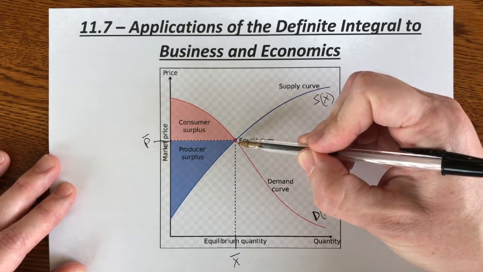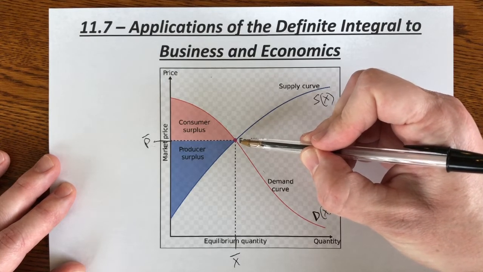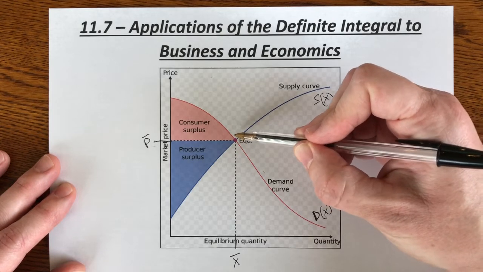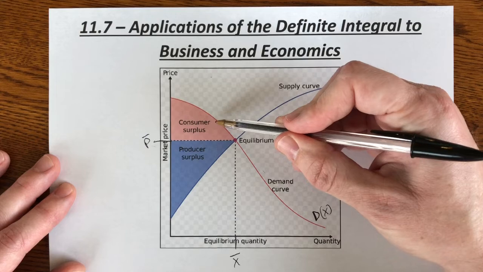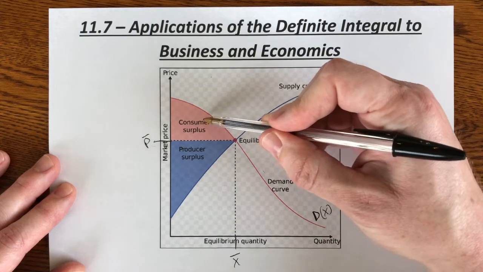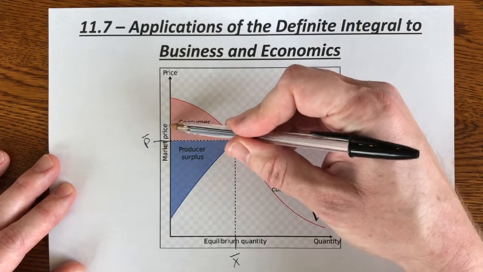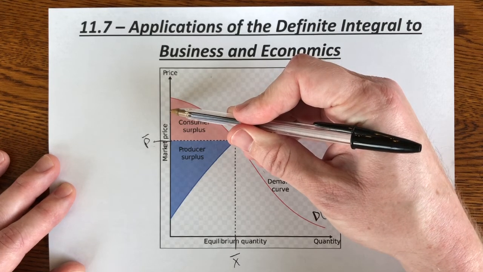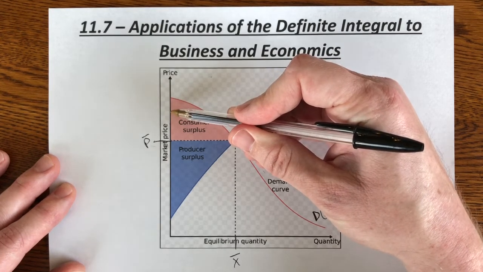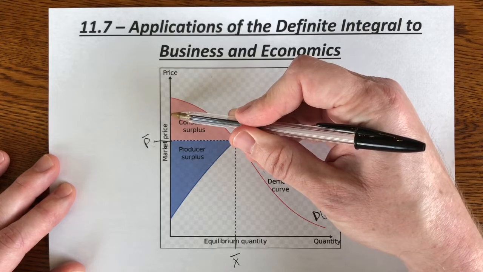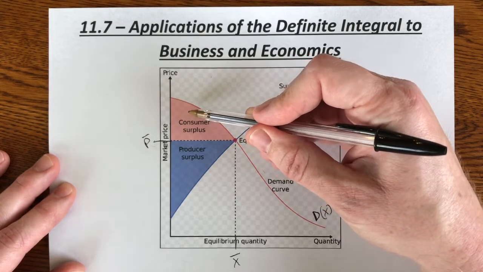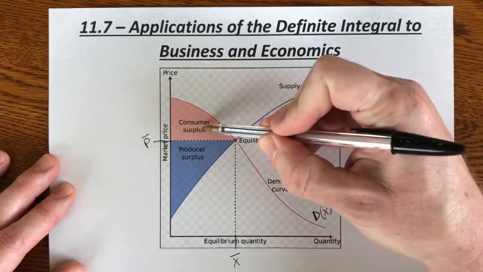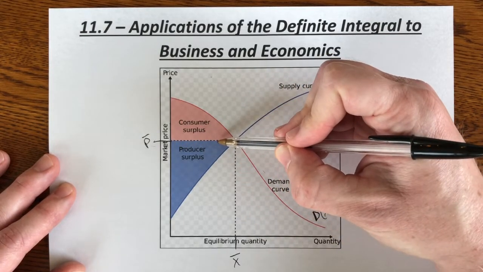So if we have this point established, then those consumers who would be willing to pay a unit price higher than P bar for the commodity, so in other words, they would have been willing to pay maybe an amount up here or up here or up here. Well, if they were willing to pay a price higher than P bar for whatever the commodity is, they would in effect experience a savings because they're paying this amount, all right, less than what they would have been willing to pay.